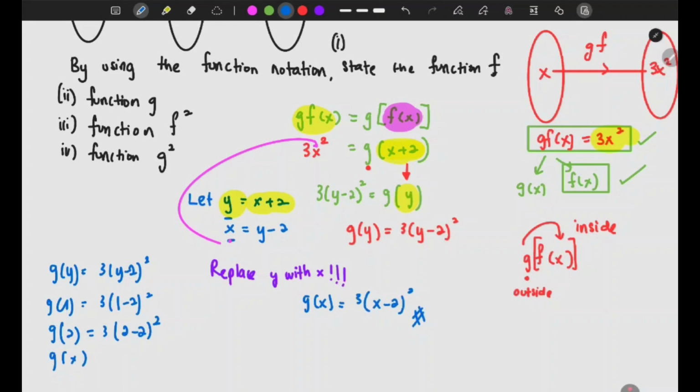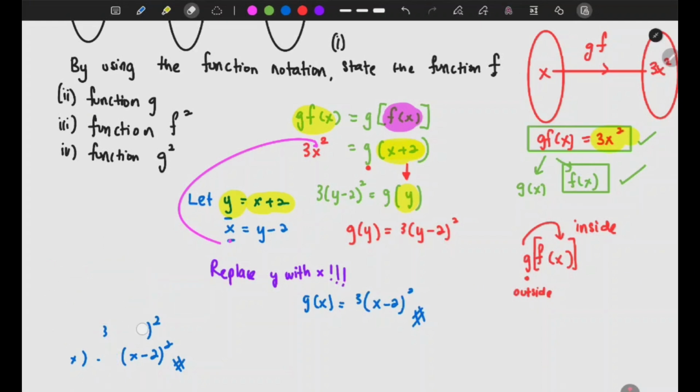That's the reason why you just need to replace your x. Done. You find your g already. So you find your f(x), you find your g(x) already, no problem. And you also know your gf(x), which is 3x squared.